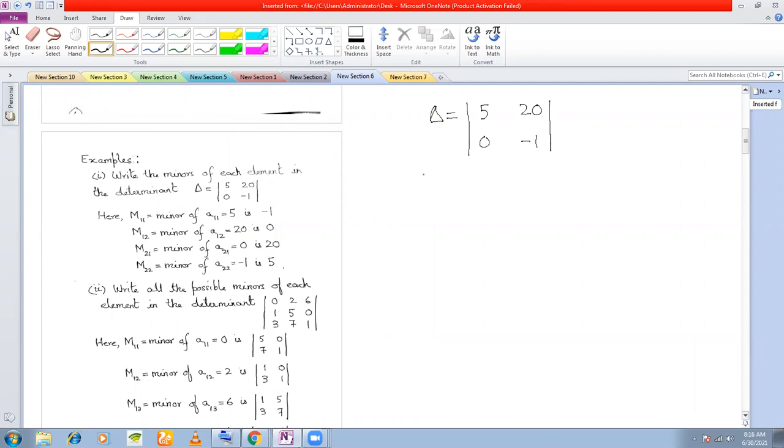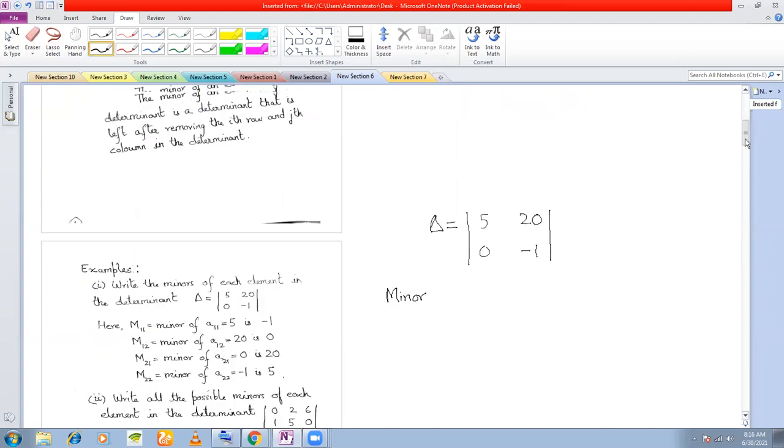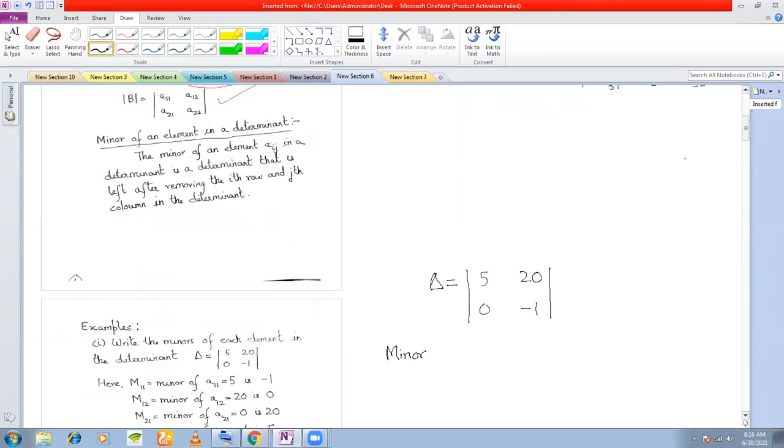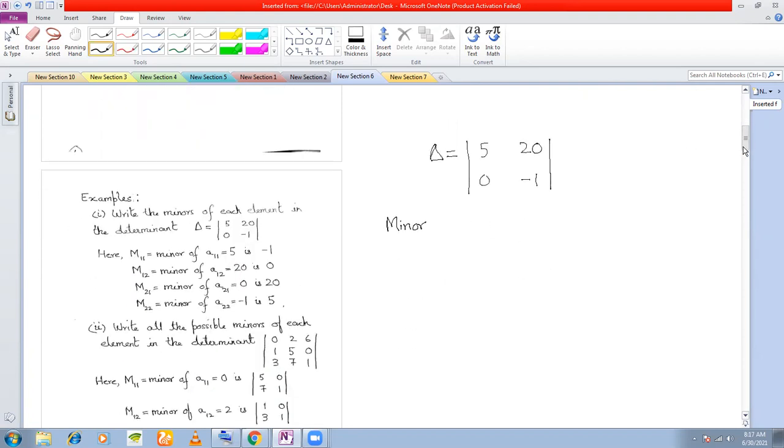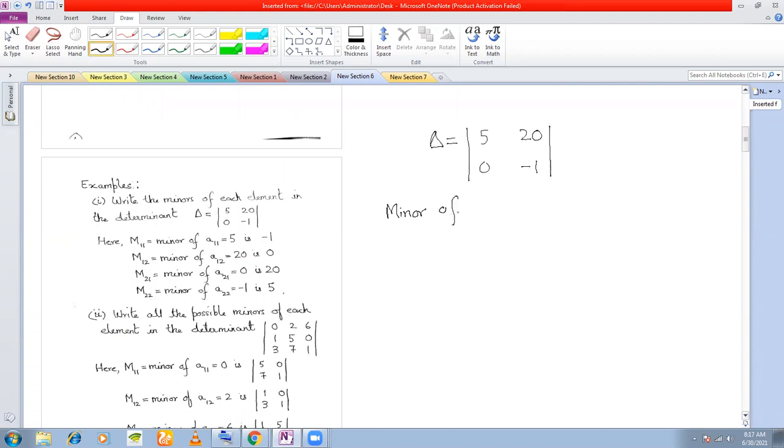The minor of each element of the determinant is defined as the determinant that is obtained after removing the ith row and the jth column of that particular element. For example, if I want to calculate the minor of this element, which element is this? A11, right?